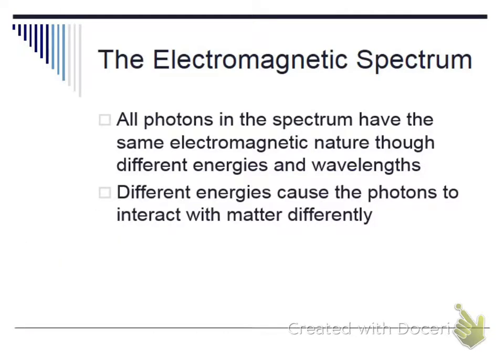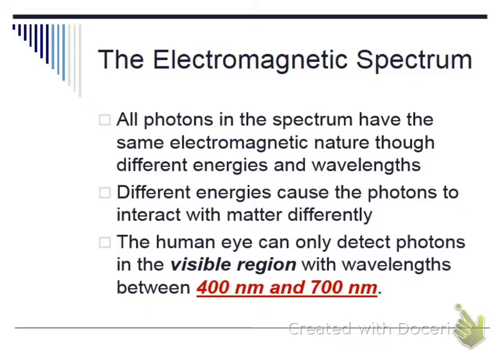These different energies cause the photons to interact with matter differently. Some are higher energy. The human eye can only see the visible region, which is between 400 nanometers and 700 nanometers. And when you were a little kid coloring and you wanted to know the colors of the rainbow, which is the visible region, we did something called Roy G. Biv.